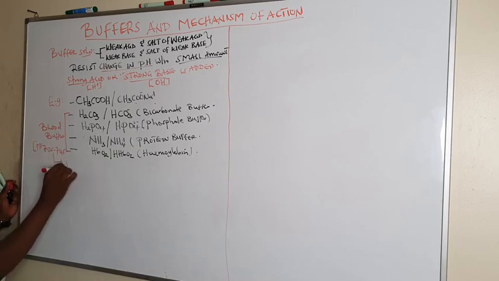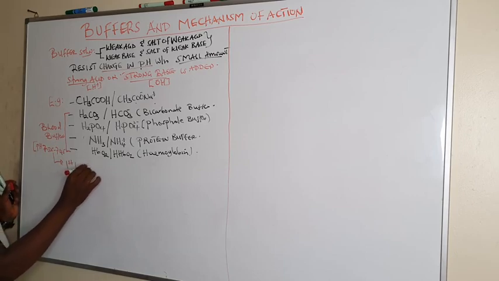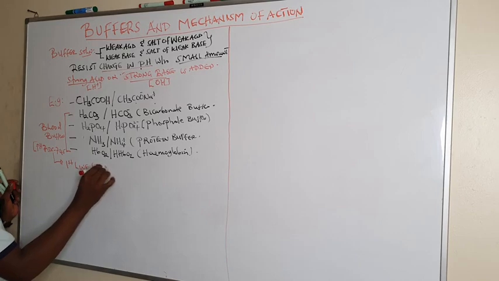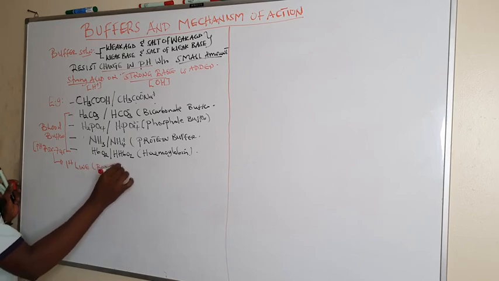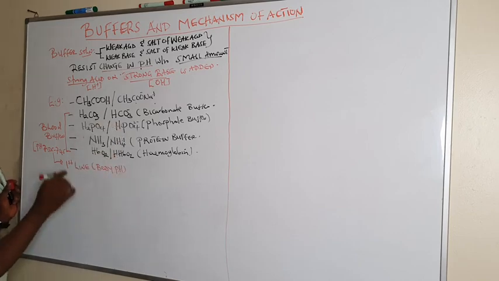We can call them the first line mechanism of maintaining body pH. So these are physiological buffers.